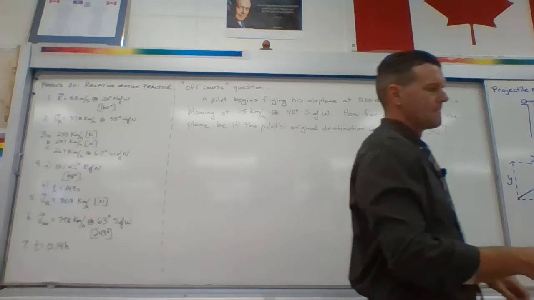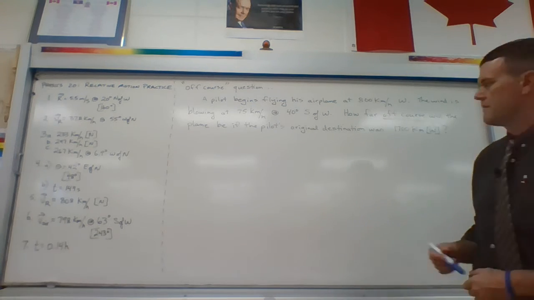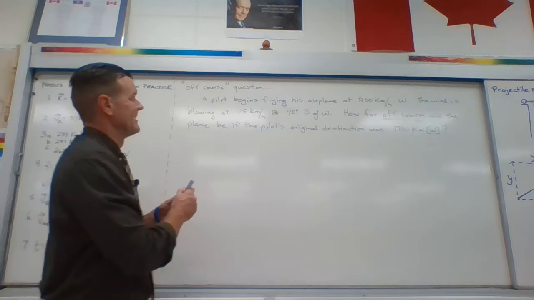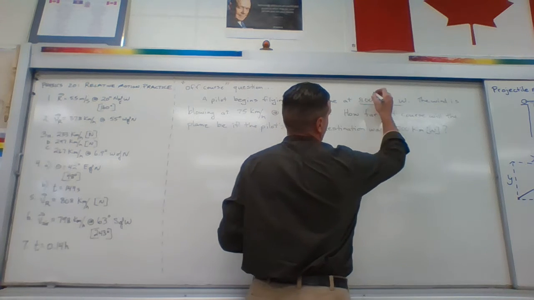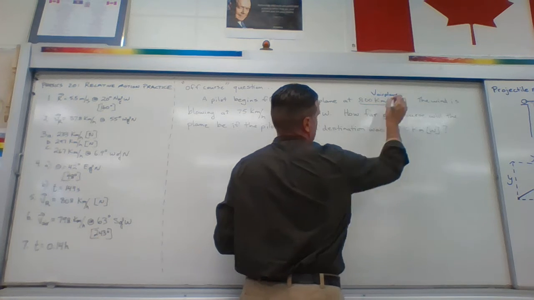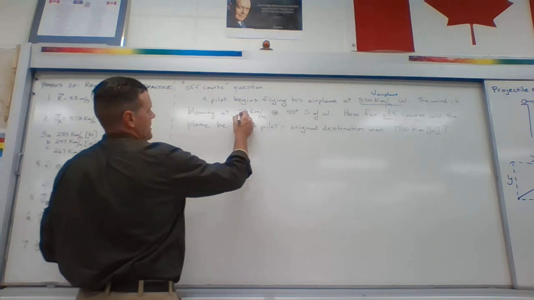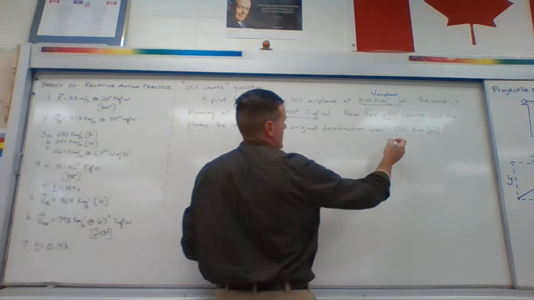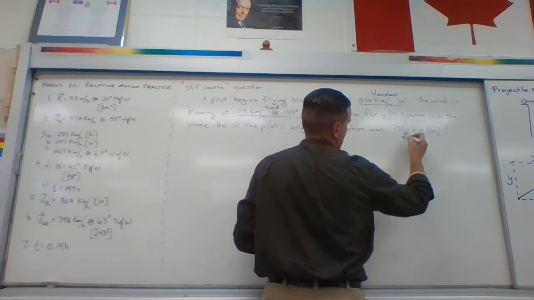So I'm given two vectors and their velocities. You could identify them as that's the airplane, and this is the wind. And this is a displacement.